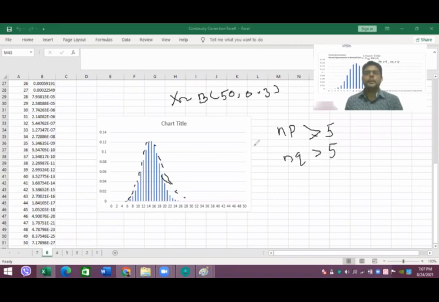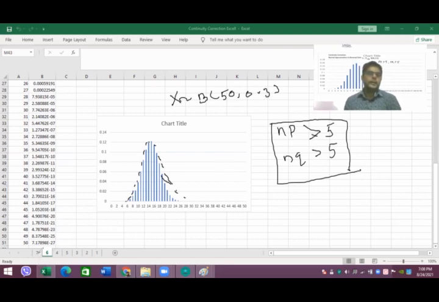So note it down. To approximate the binomial distribution by the normal distribution, for the condition n times p bigger than 5 and n times q bigger than 5, the binomial distribution fits the normal distribution. Therefore we can apply the normal distribution to the binomial distribution in order to make our work easy.